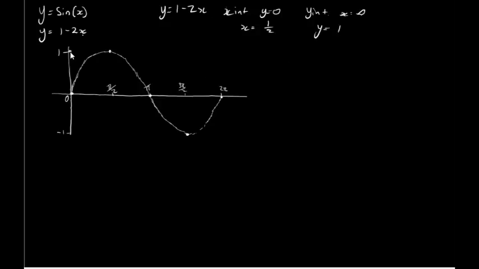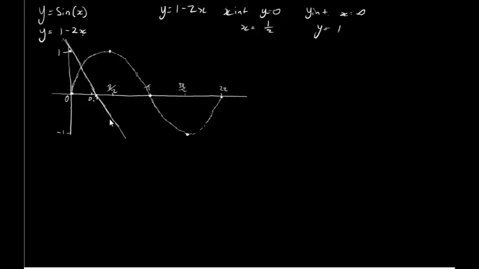So it starts at 1, crosses at about 0.5. So if we connect the dots there, alright, looks roughly something like that.